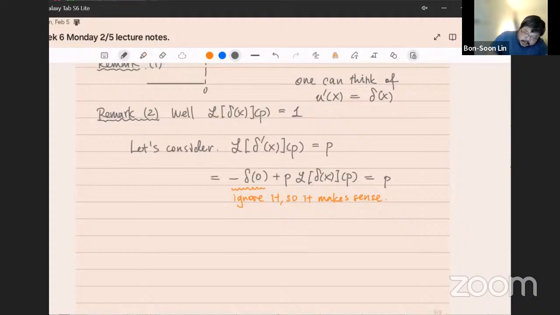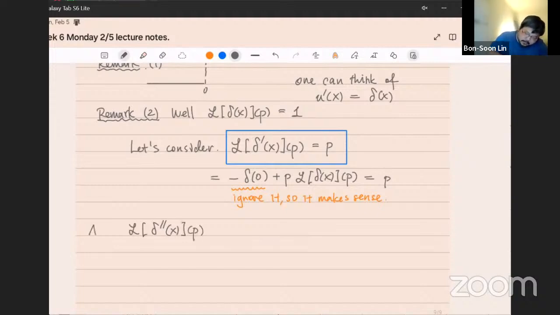So here we go, here is another rule. What transforms to p is this new gadget called the derivative of the delta function. Again, "function" in quotes, it's not really a function. So symbolically, it is this gadget. Can we go further? What about the Laplace transform of delta prime prime?